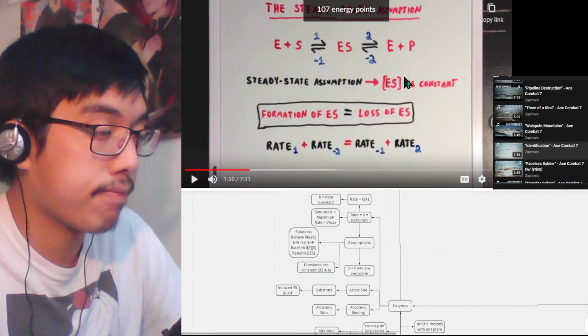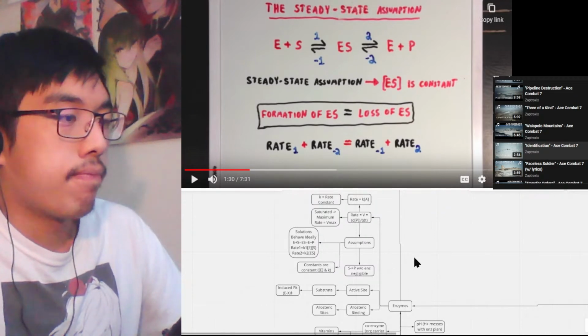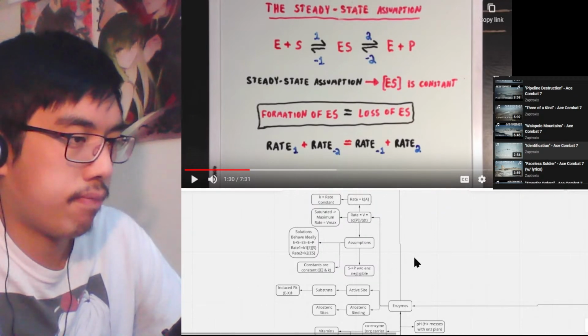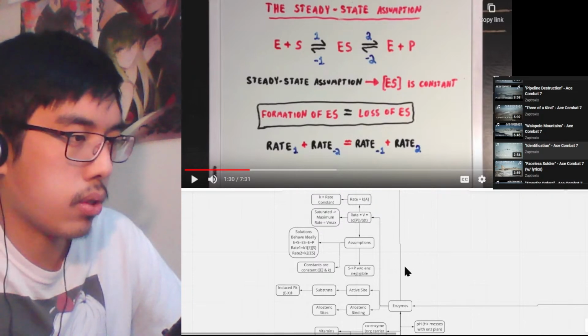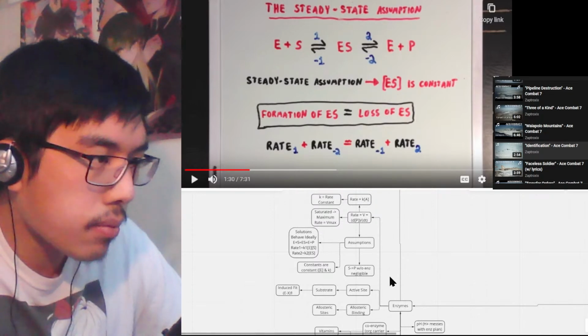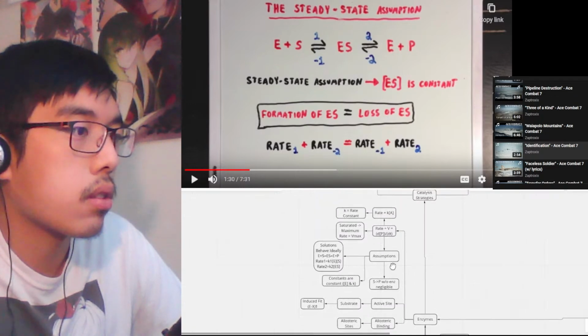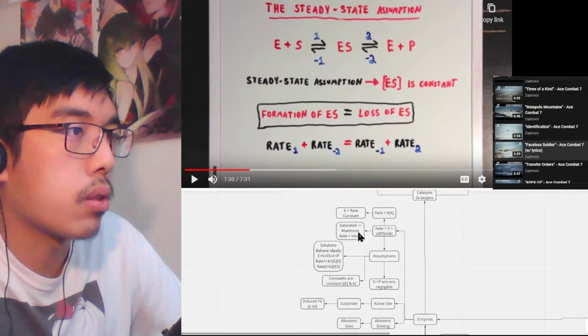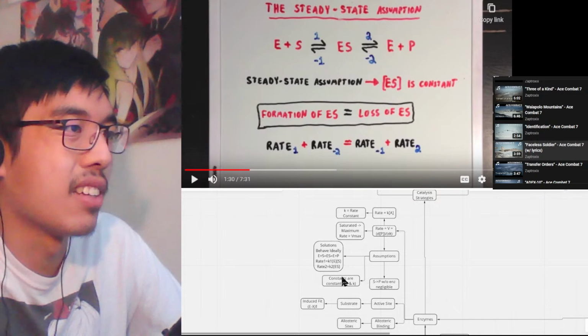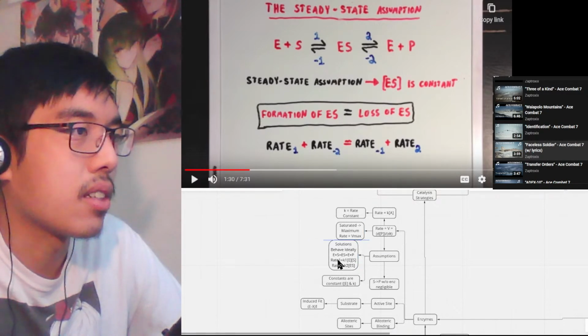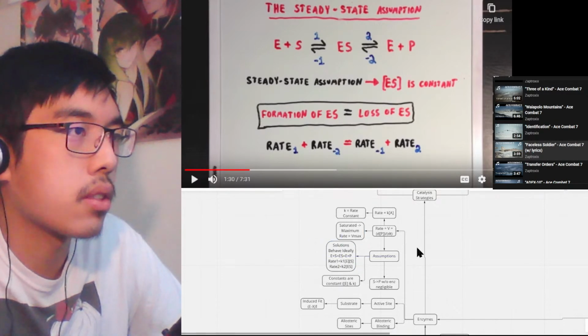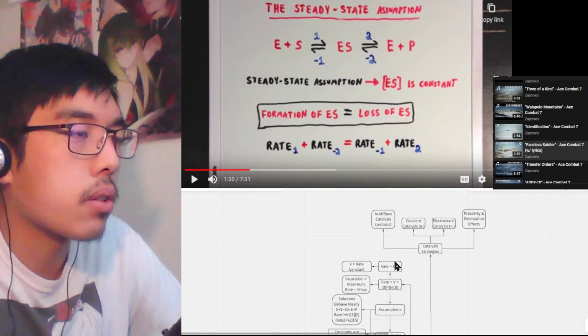Now also remember, formation of ES. Makes sense. Okay. Steady state assumption. Can I include that in my assumptions? I mean, it is an assumption that is related to rate, so I'll go ahead and include it.